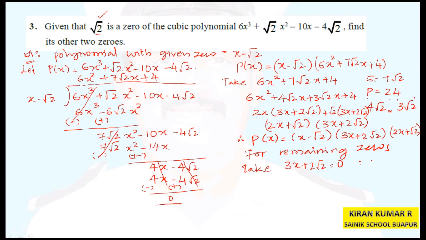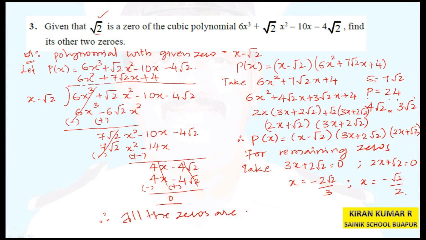Also x plus root 2 is 0. So we get its value as negative 2 root 2 by 3. And also its value is negative root 2 by 2. Therefore, all the zeros are root 2, minus 2 root 2 by 3, minus root 2 by 2.